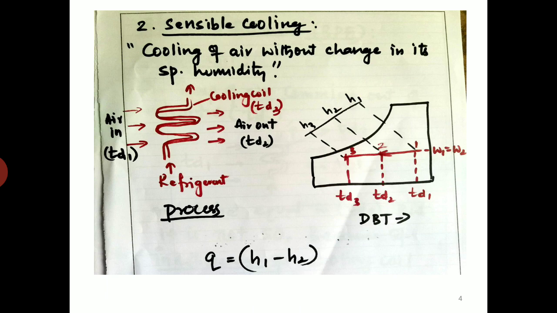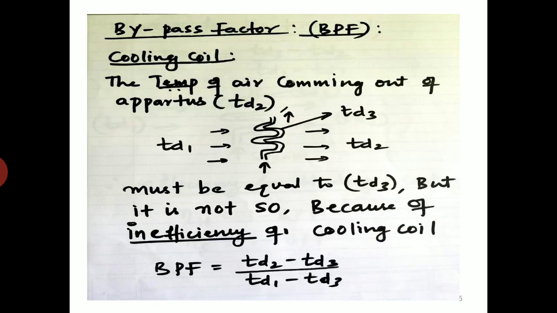Inefficiency means there may be air loss, heating loss, and many other losses. Those losses have to be considered, and one factor is used here. That factor is nothing but the bypass factor. Therefore, bypass factor is equal to TD2 minus TD3 divided by TD1 minus TD3. This is for the cooling coil.